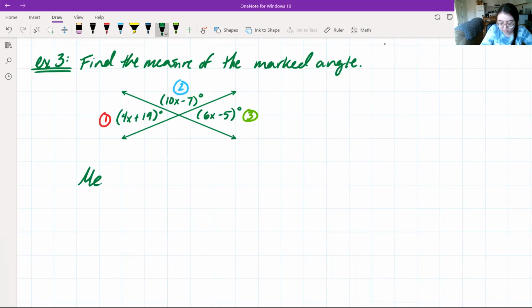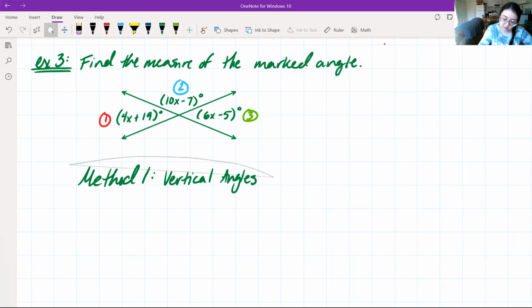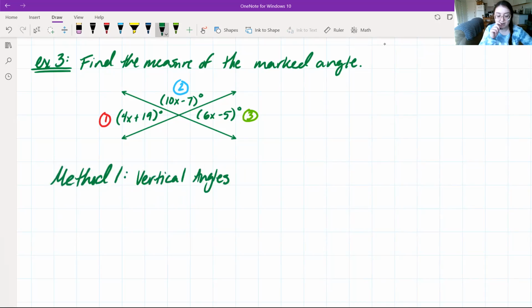So we're going to go ahead and start with method 1. And our method 1 is going to use vertical angles. I'm actually going to scoot this over though. So method 1 uses vertical angles.